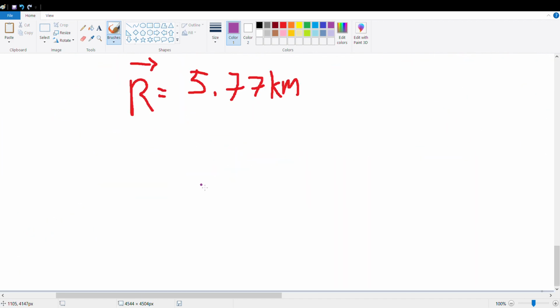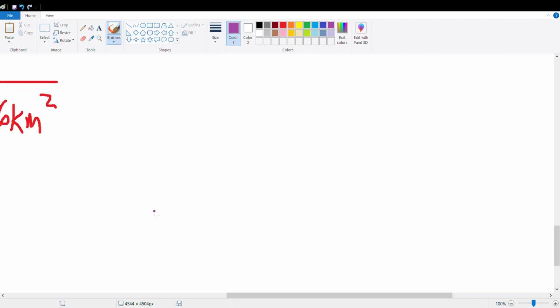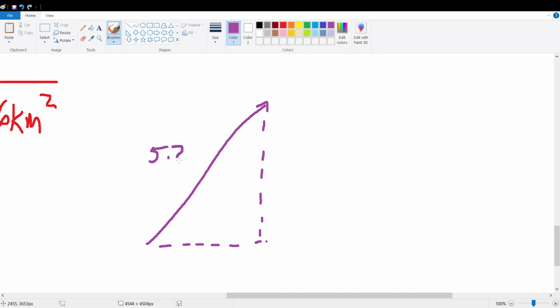Okay, let me draw it. So this is 5.77 kilometers, and as we know, RX is 0.93 kilometers east, and then RY is 5.69 kilometers north.